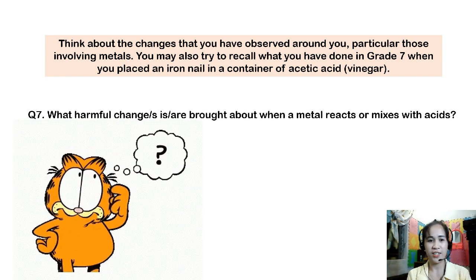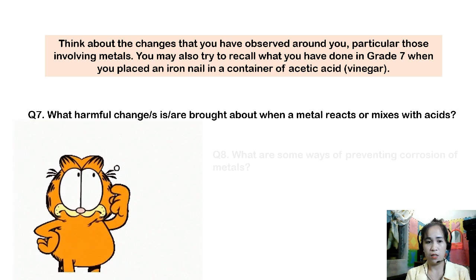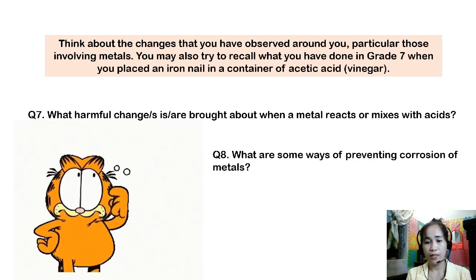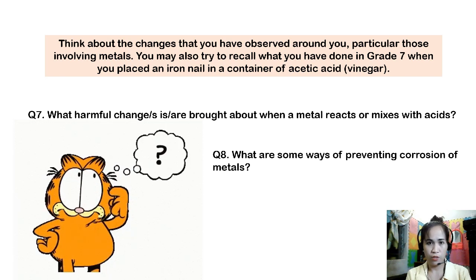So here's question number 7. What harmful change or changes is or are brought about when a metal reacts or mixes with acids? And question number 8. What are some ways of preventing corrosion of metals?